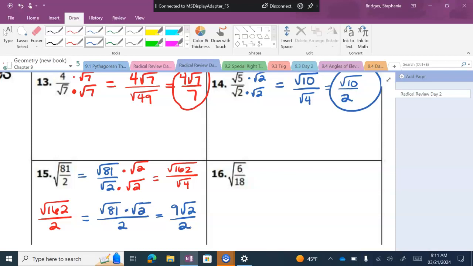Which two numbers are not under the radical symbol? 9 and 2. Do they have anything in common that I could simplify? No. Can I simplify this square root of 2 with this 2? No. One is under the radical, one is not. Therefore, my answer is going to look like this.